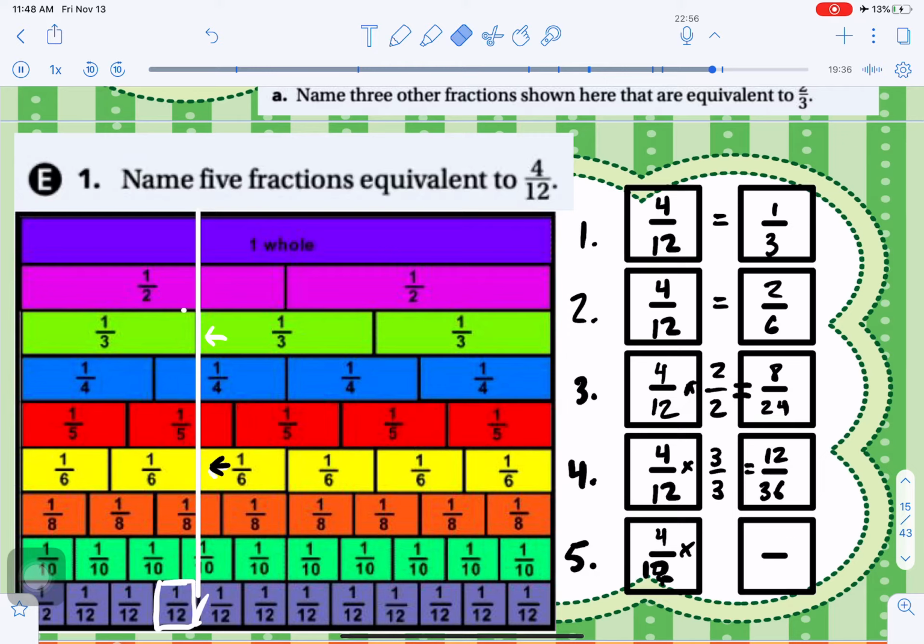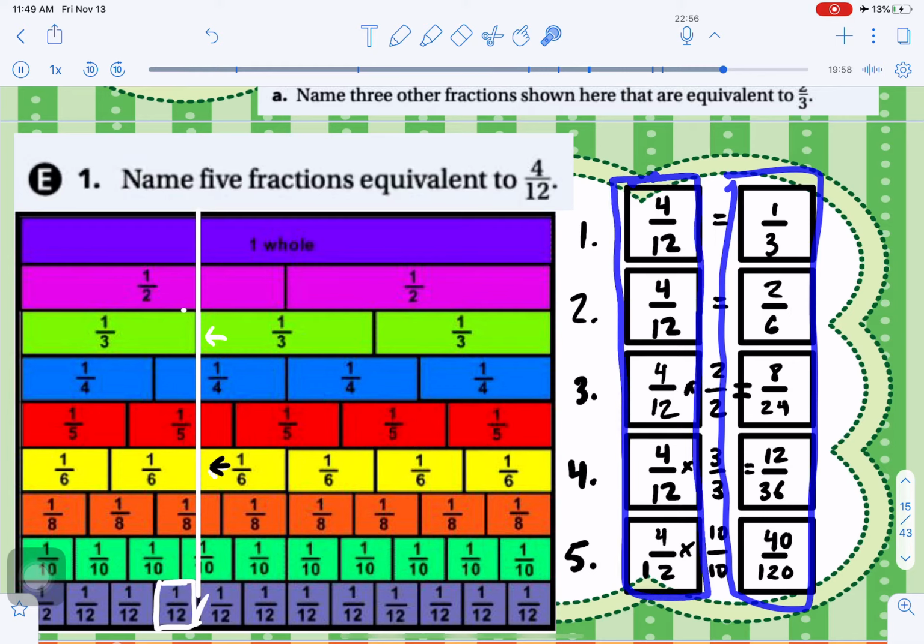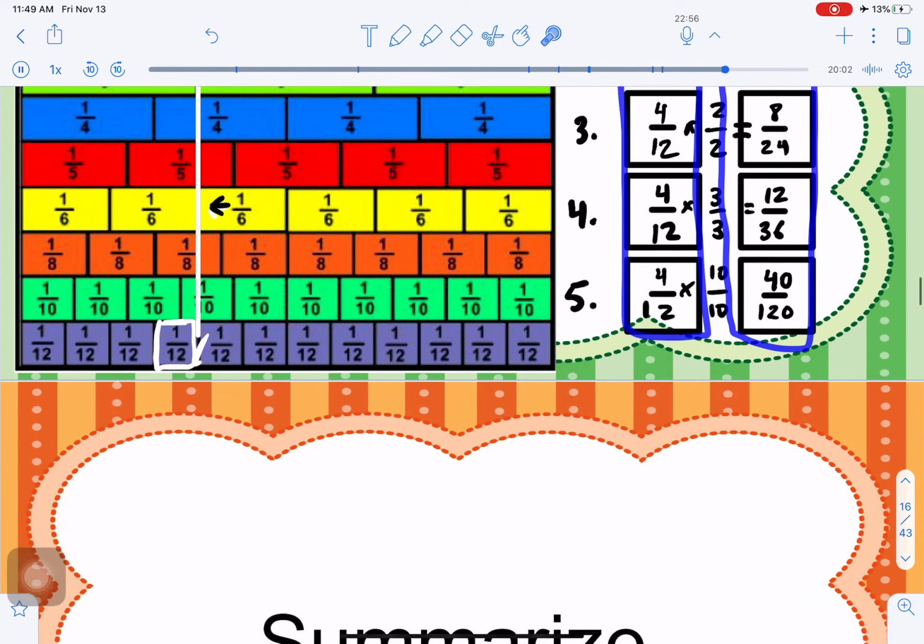Actually, let's do 4/12 times 10 over 10. And I see that this gives me 40 over 120. So I can say that all of these here are equivalent to 4/12.